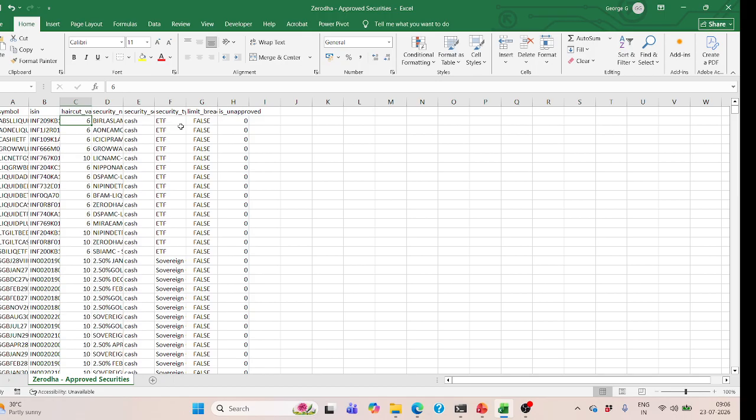So suppose, as I said, you want 1.42 lakhs for selling one option of Nifty. If you buy 2 lakhs of this, let's say with a 10% haircut, you will be given a margin of 1.8 lakhs.